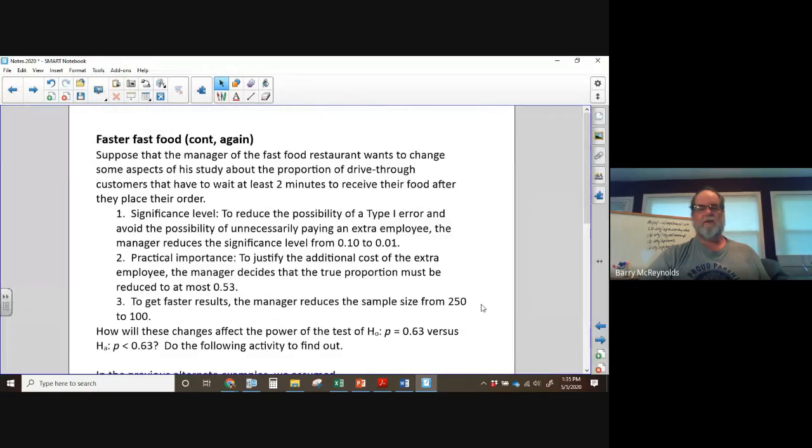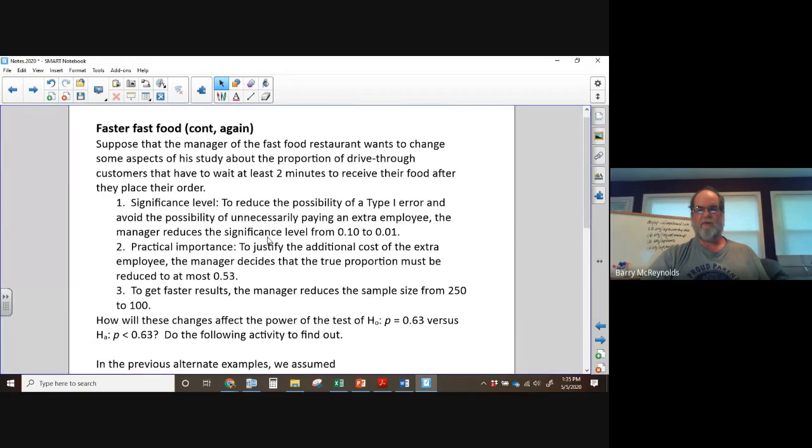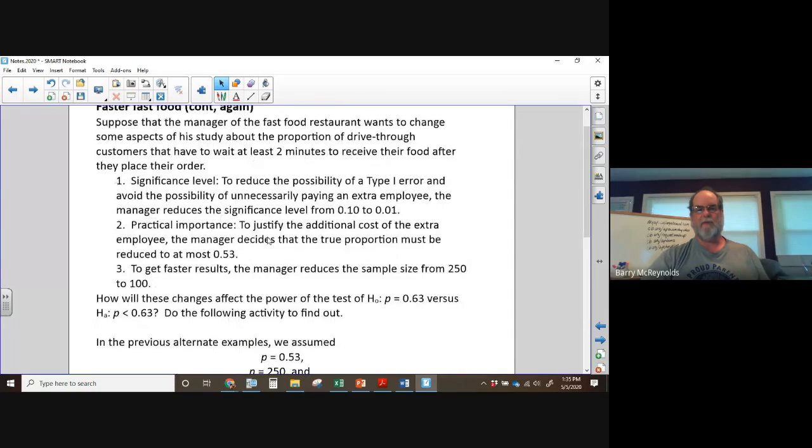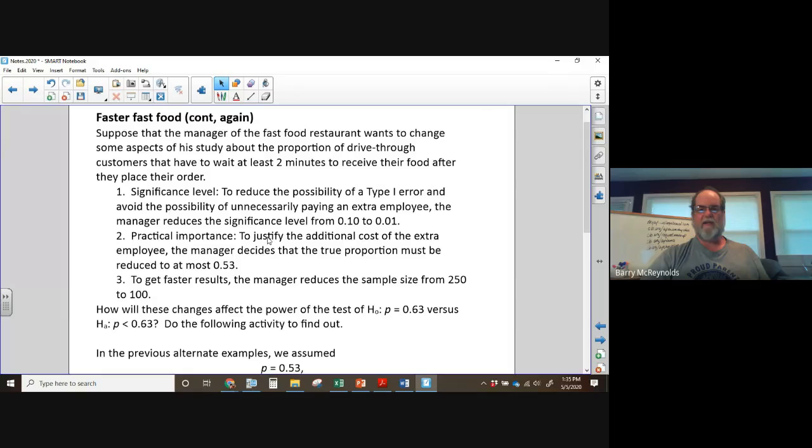So let's presume that the store owner decides, in order to be sure that this additional cost for the additional employee is worth it, I need the proportion of customers who wait more than 10 minutes to go down to 0.53.